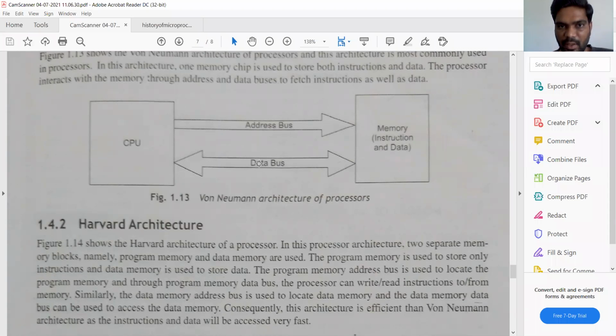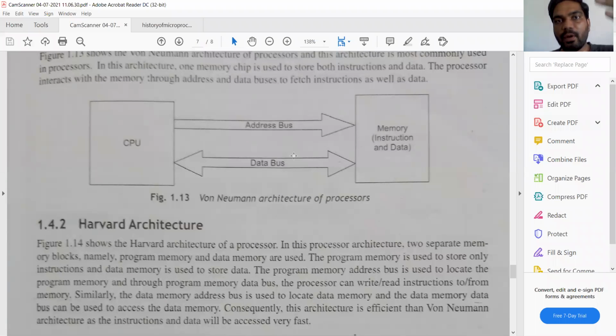So at a time we cannot extract both instruction and data. We can only extract either data or instruction. That is why this Von Neumann architecture is a little bit slower, because we cannot extract both instruction and data at a time.